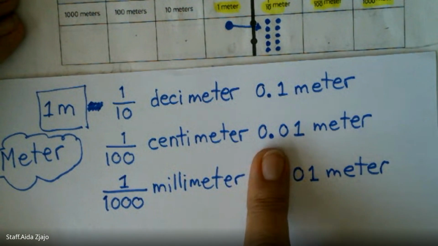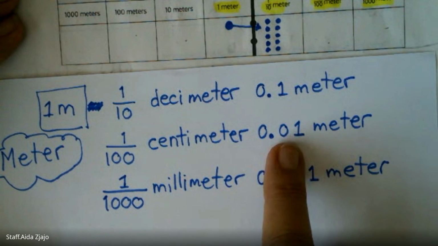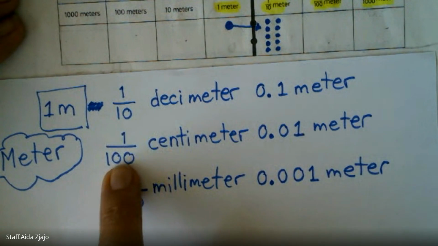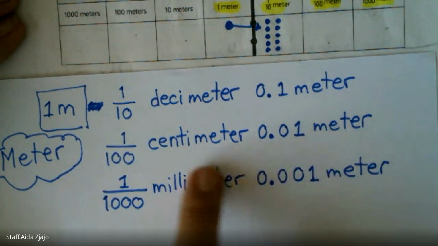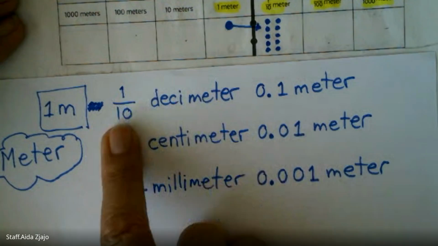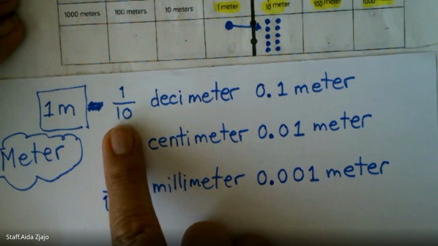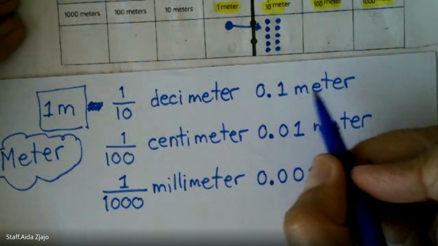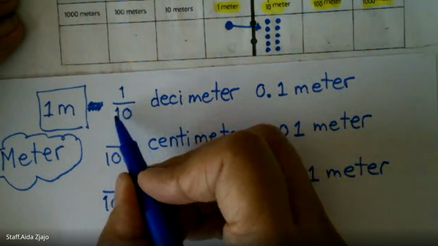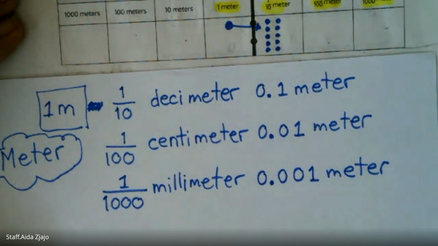That is 0.01 meter, or a hundredth of the meter, 1 out of 100 pieces that make a meter. And then we have decimeters, which are 1 out of 10 pieces of the meter. It's 0.1 meter, which means 1 piece of 10 pieces that make the meter.